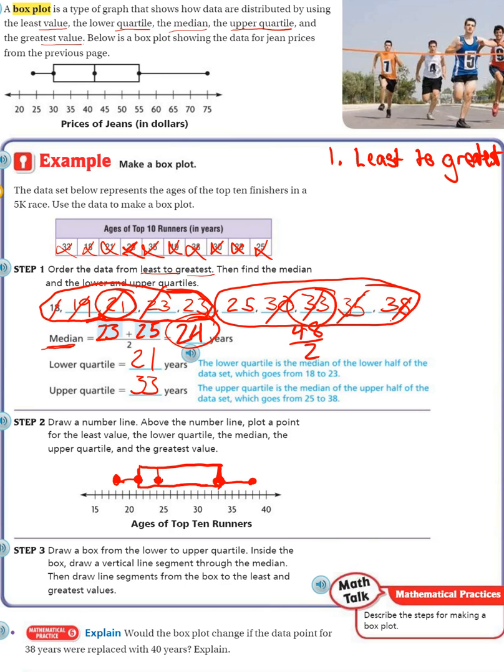Okay, so 1, least to greatest. 2, we find the median, and again, that's the number in the middle. 3, we find the lower quartile. 4, we find the upper quartile.